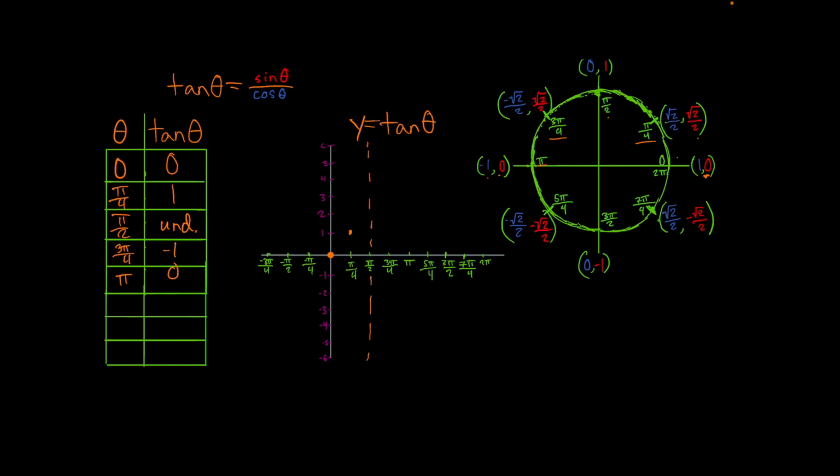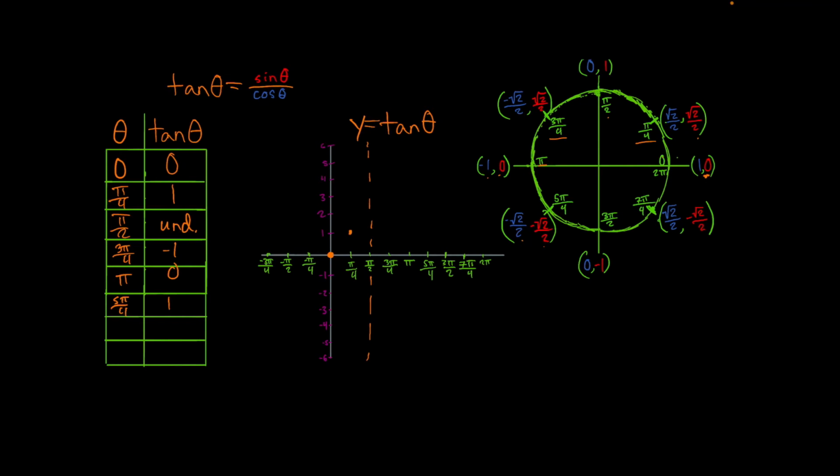Alright, and then at 5 pi over 4, we have negative square root of 2 over 2 divided by negative square root of 2 over 2. Well, negative divided by negative is a positive, and we have the same number. A number divided by itself is 1. So we have 1, and this is at 5 pi over 4.